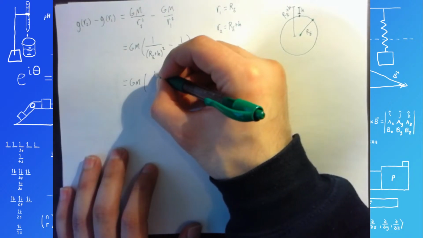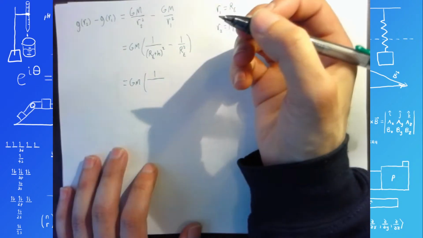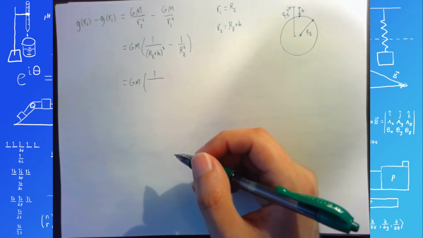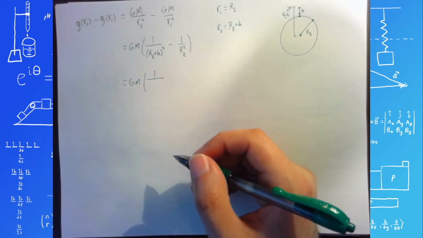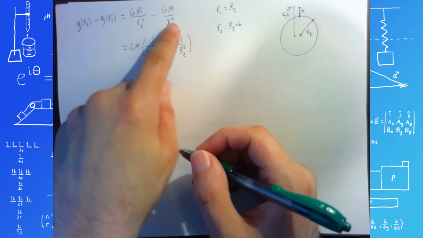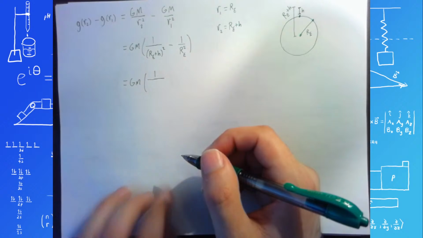That's going to be 1 over... Oh goodness, I guess I'm going to want to multiply this by Re squared over Re squared, and this by Re plus H squared over Re plus H squared.